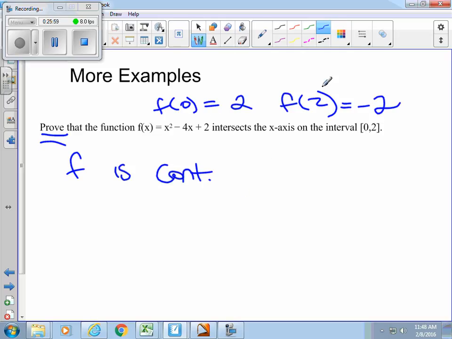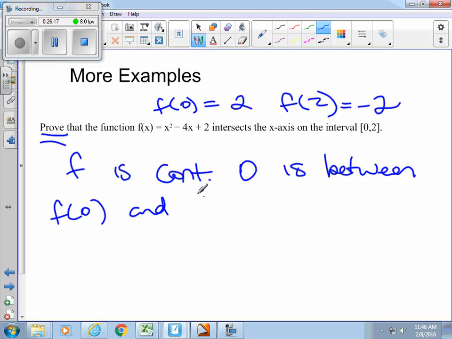Okay, 2 and negative 2. Does everyone agree? What does that mean? It means that it passes through it. Good. 0 is between 2 and negative 2, or negative 2 and 2. I'm going to say f of 0 and f of 2, because that's the interval they gave me.